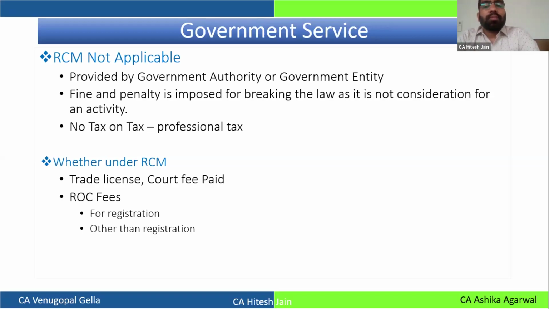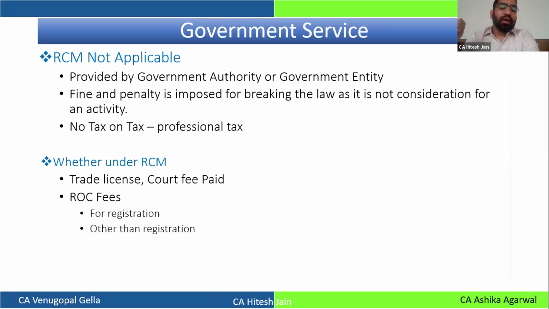Fines and penalties imposed for breaking the law are also not liable for reverse charge, being covered under exemption. No tax on tax: professional tax. When we are paying professional tax to the state government, professional tax being a state jurisdiction concern, we are not liable to pay reverse charge on such taxes.